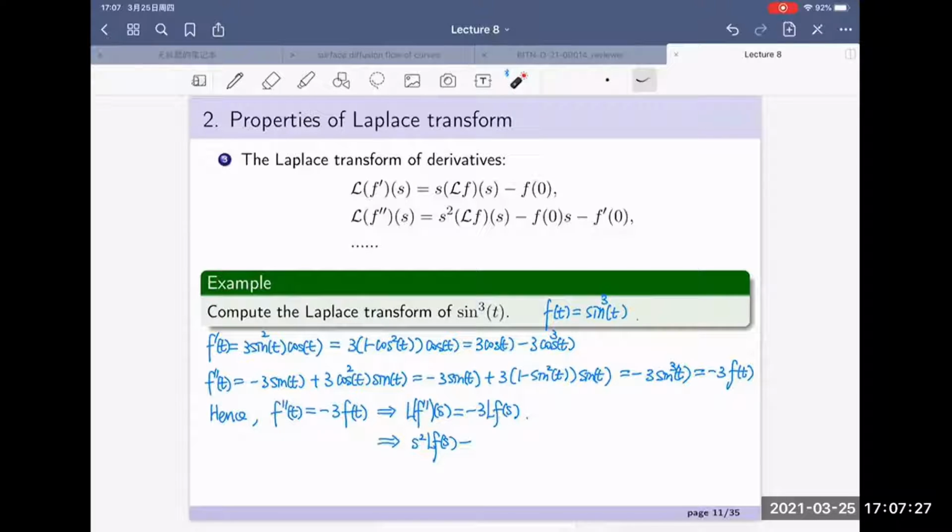Something wrong? Yeah, there is some mistake here. The number is not correct, because when you take a derivative, power 3 comes out. You should get 9 instead of 3. So this is 9.